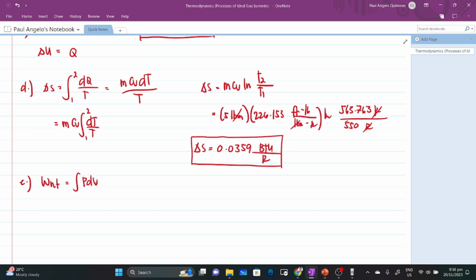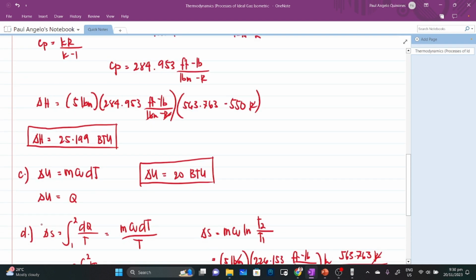But we've said earlier that since the volume is constant, this term is equal to 0. So 0 times the function P, regardless of how high the magnitude of P is, your non-flow work is equal to 0. So, piece of cake.